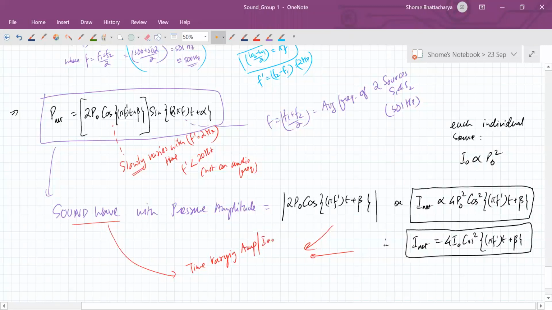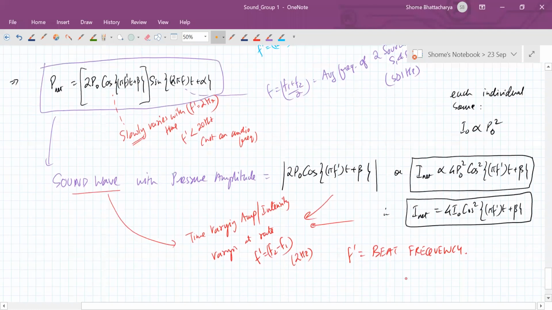Amplitude or intensity varying at the rate of f prime, which is f2 minus f1, which in our case was 2 hertz. So that is why this f prime is called the beat frequency. Okay.